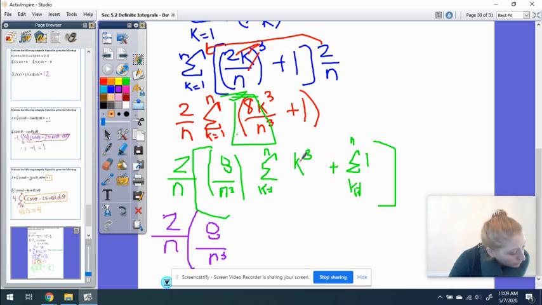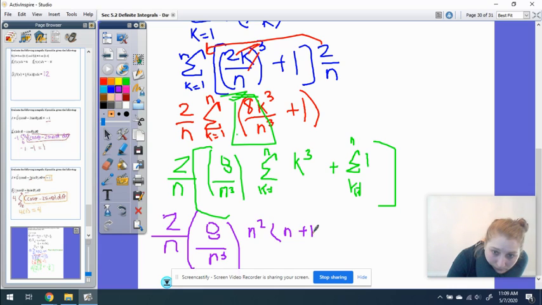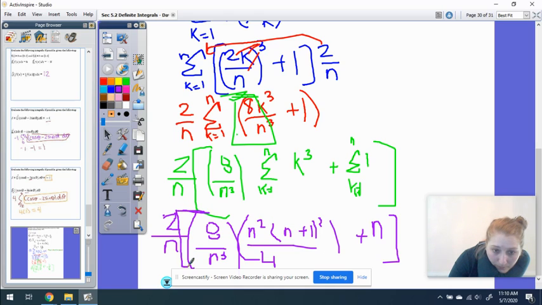Okay, so for k cubed, the rule from 5.1 is that it equals n squared times n plus 1 squared, all divided by 4. And then the summation rule, when I have a 1, that's going to turn into an n. So we'll say plus n.